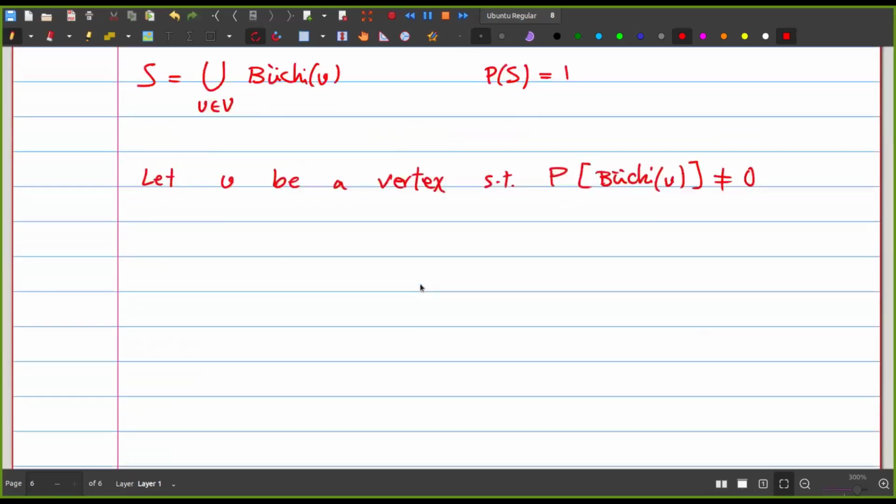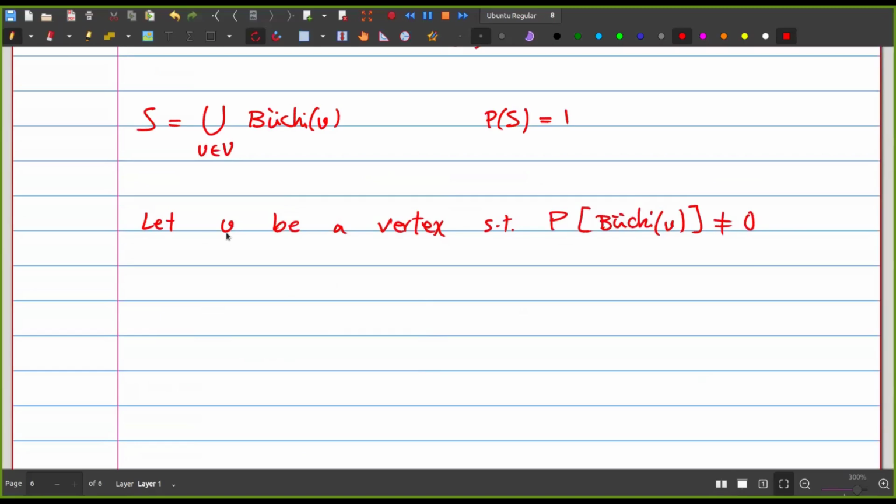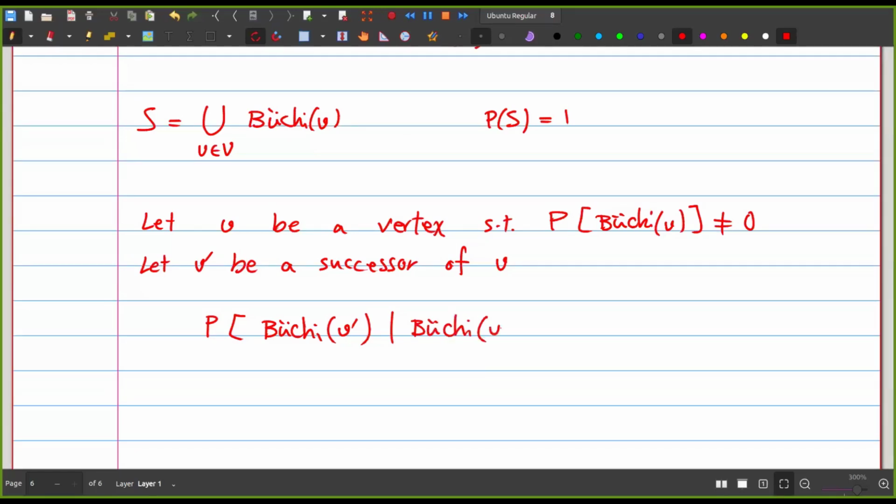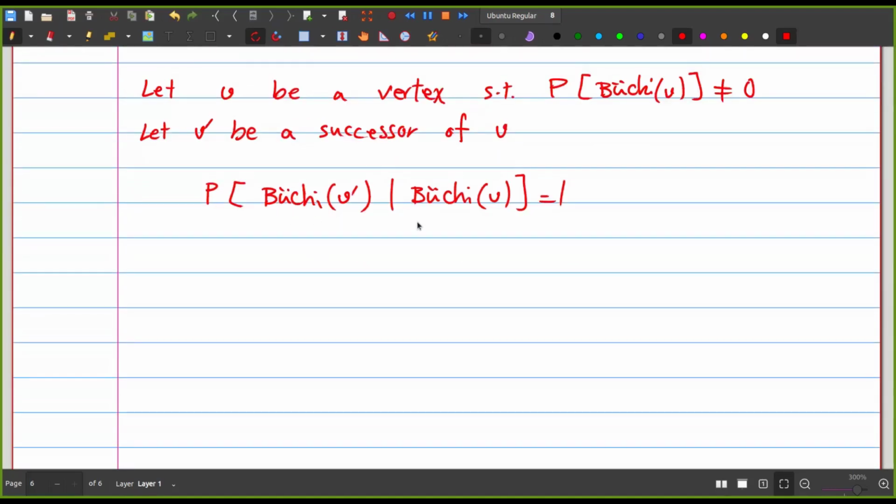So now if I take some other vertex that is a successor of V, let V prime be a successor of V. Then I've already shown that the probability of Büchi of V prime given Büchi of V is 1. Okay. But what does this tell you?